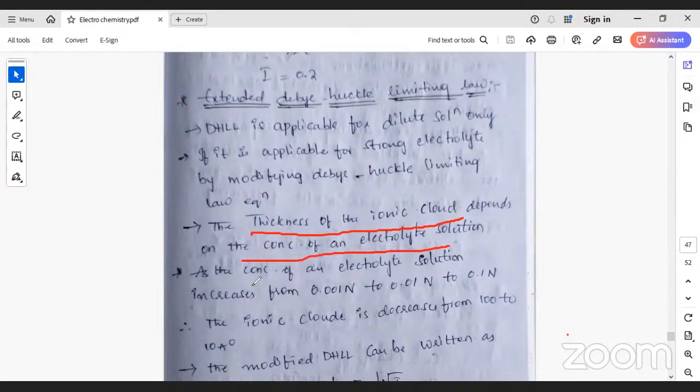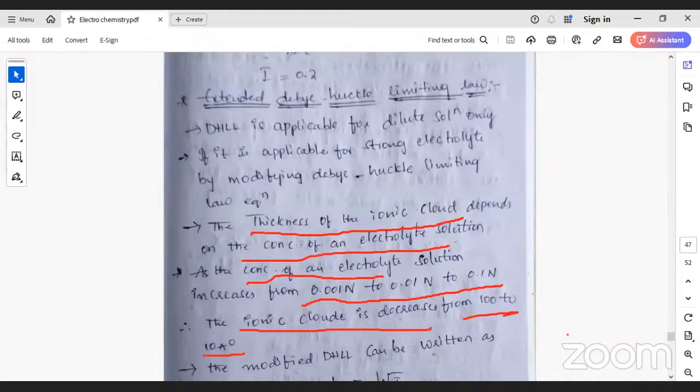For example, as the concentration of an electrolyte solution increases from 0.001 normality to 0.01 normality, or from 0.001 to 0.1 normality, the ionic cloud decreases from 100 to 10 angstroms.